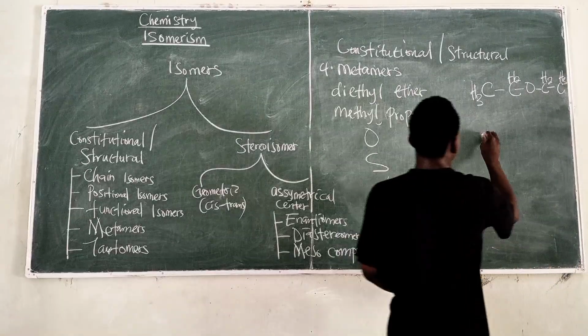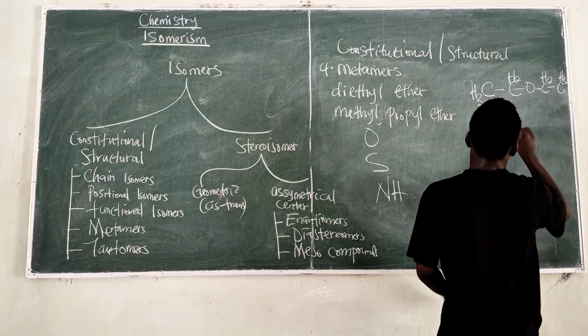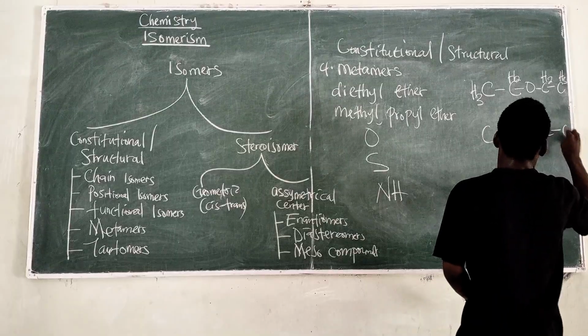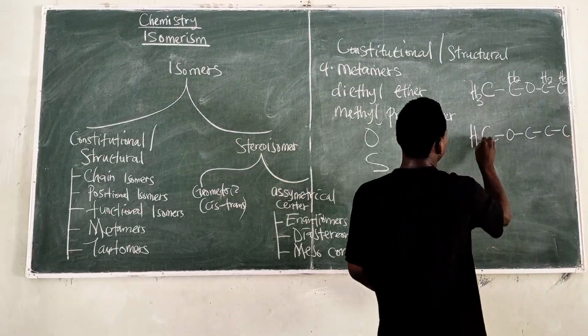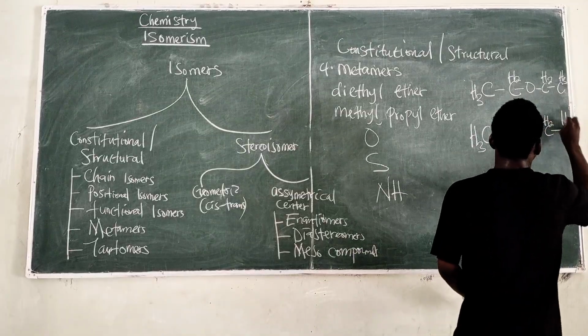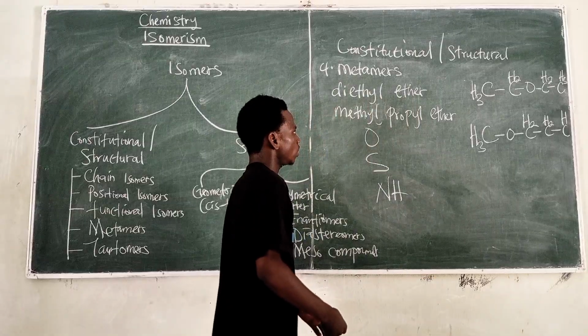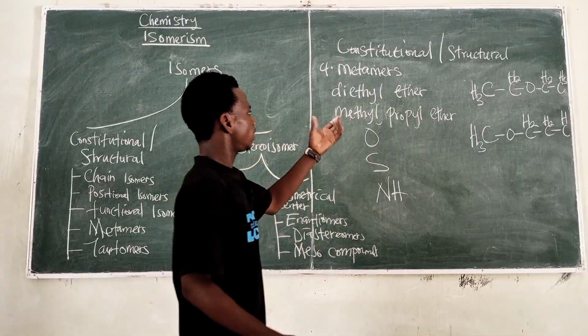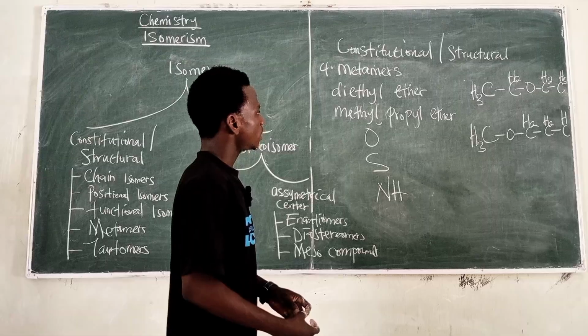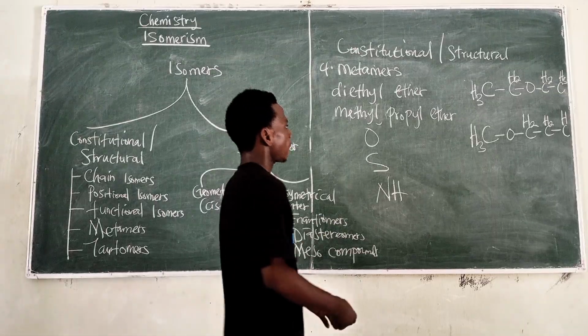So the next is methyl propyl ether, which is this: 3, 2, 2, and 3. So these are two different structures that exist between diethyl ether and methyl propyl ether.